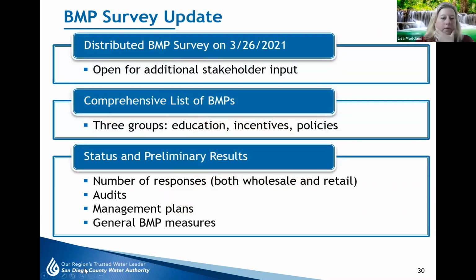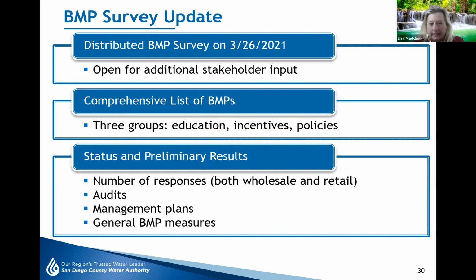We put out a BMP survey and asked for feedback. It was distributed in March. We did get some key responses back. More than 24 agencies have responded. We would definitely like to see more, and we would like to see a holistic perspective.